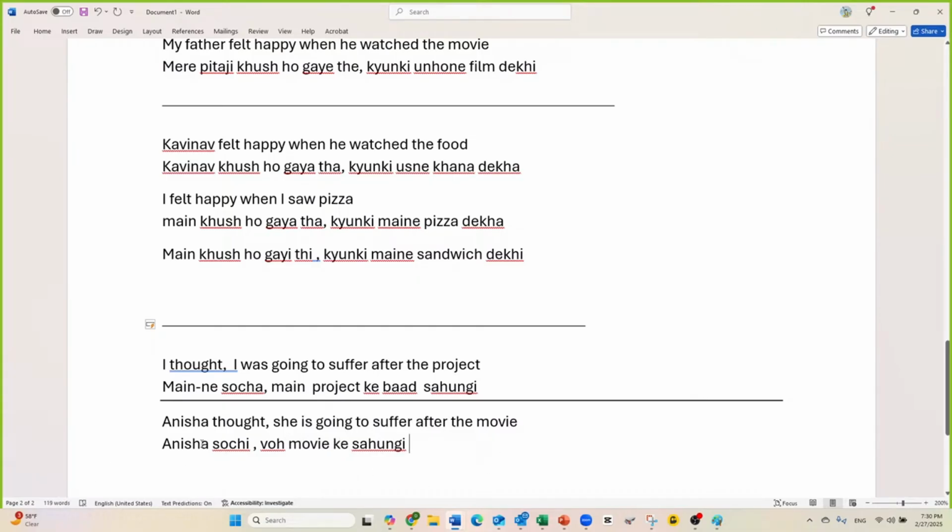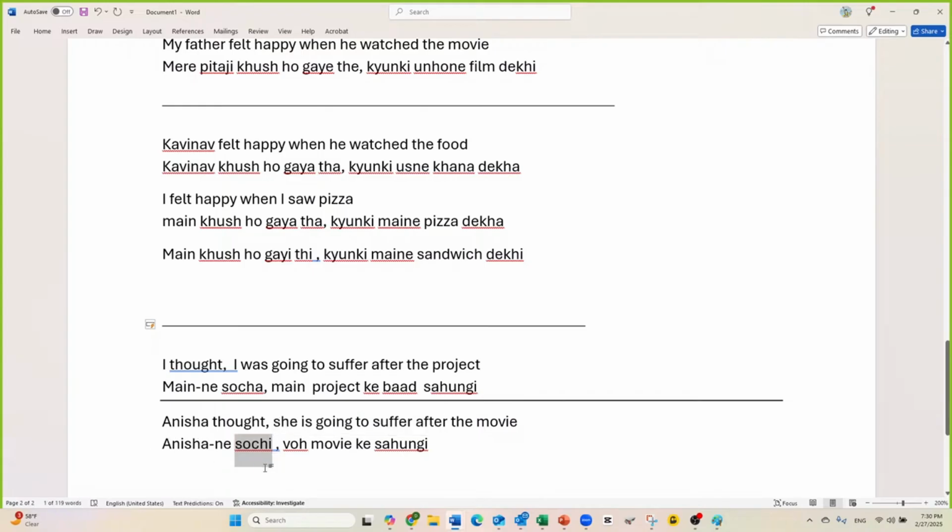So now Anisha sochi. Now again it is past tense. So what do we have to do? We have to say Anisha ने. Now you said sochi because Anisha is a girl, but there is another rule in Hindi. As soon as you add a ne, this verb stops following the subject of the sentence.